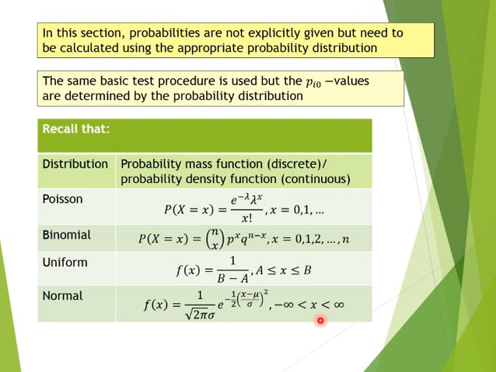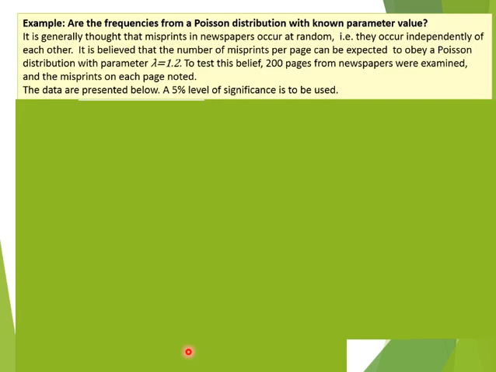Let's consider the first example. It is generally thought that misprints in newspapers occur at random. They occur independently of each other, but it's believed that the number of misprints per page can be expected to obey a Poisson distribution with parameter 1.2.